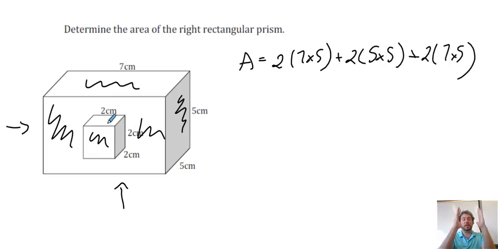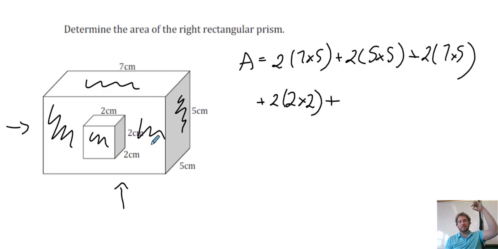Now the only thing that I haven't calculated, if I were to turn my rectangle and look at it directly sideways, I would see this square that is 5 by 5, but I would also see this square here that is 2 by 2. And there's another square on the other side that is also 2 by 2, so 2 times 2 times 2. And then if I were to look at it from the top, I would see this rectangle up here that is 7 by 5, and one at the bottom that is 7 by 5, but also sticking out from that, I would see a second rectangle that is 2 by 2 and 2 by 2.